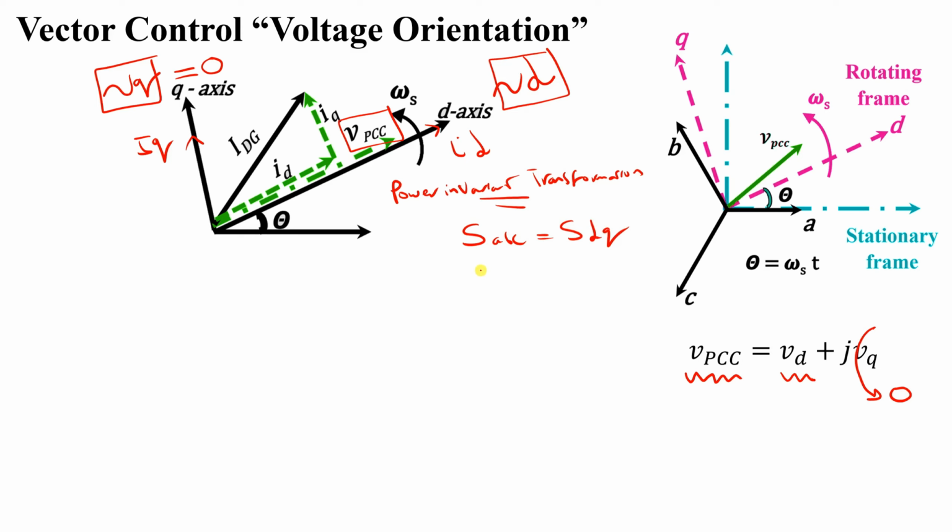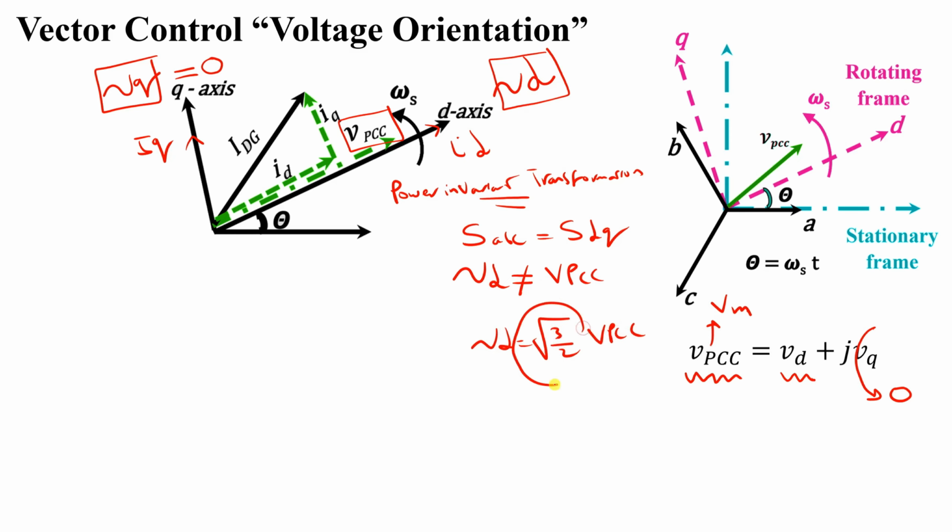So you'll find that the voltage VD is not equal to VPCC here, which is Vmax, okay? Vmax in this case does not equal VPCC. There is something here which we need to add. This factor is root 3 over 2 VPCC.